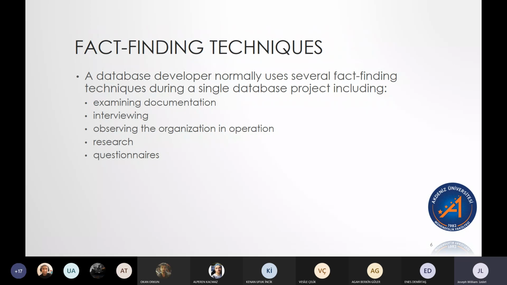If you have the opportunity to interview or do questionnaires or even observe an organization's operation, take advantage of that. If you have a friend or a relative who works in one of those types of organizations, do it. But I imagine that for most of you, you're going to be examining documentation and doing research.